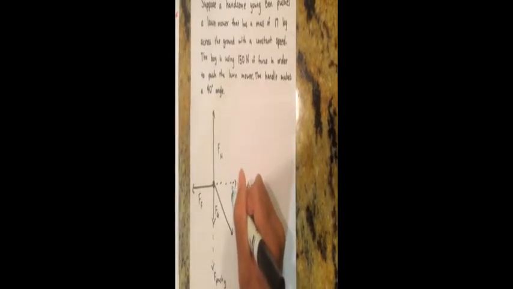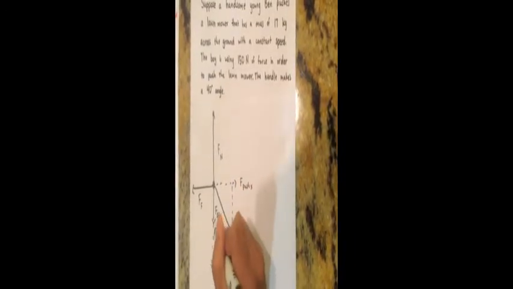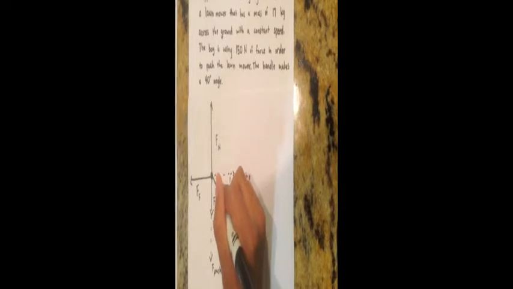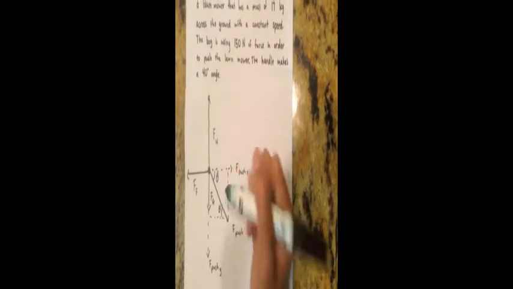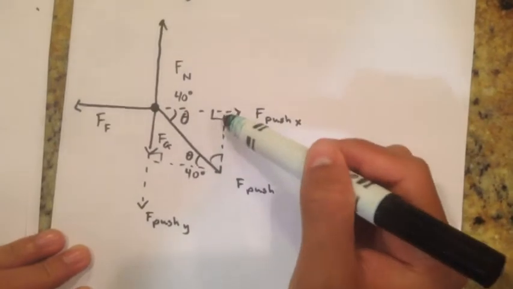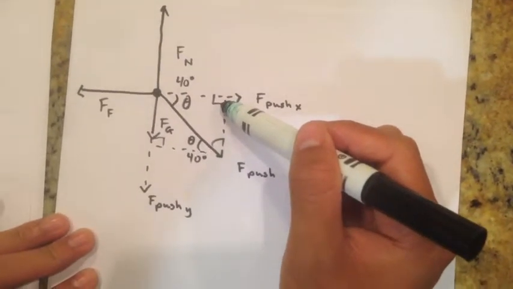To start, we will draw a right triangle right here and a right triangle right here. We'll mark the angle in both triangles as theta. Theta will be 40 degrees. Because this angle is 40 degrees and it's a right triangle, this angle must be 90 degrees.